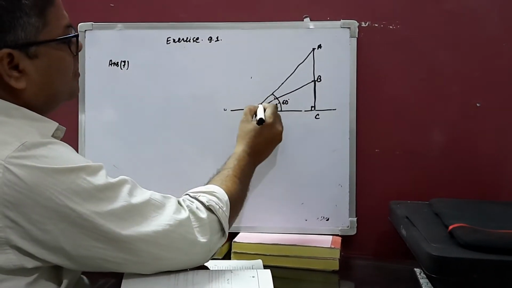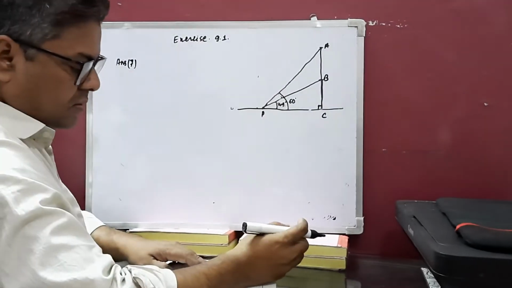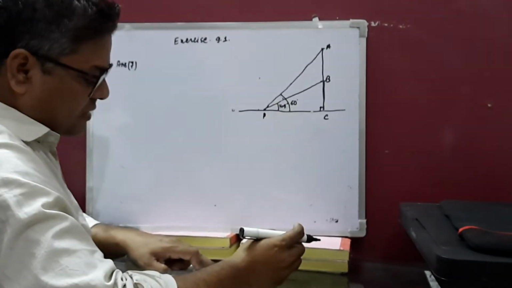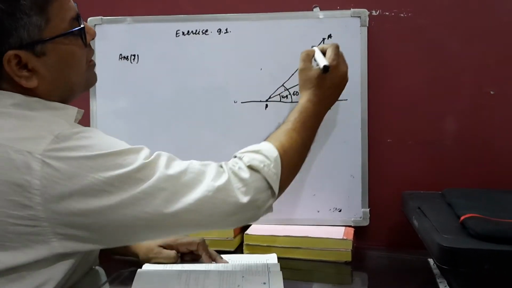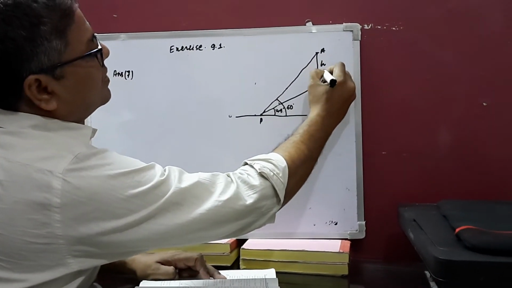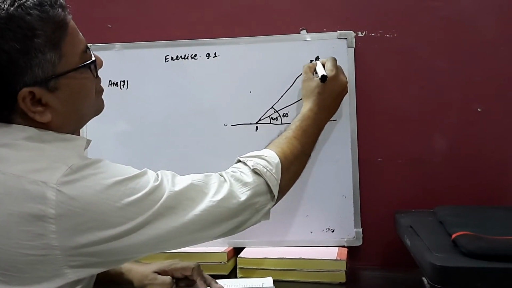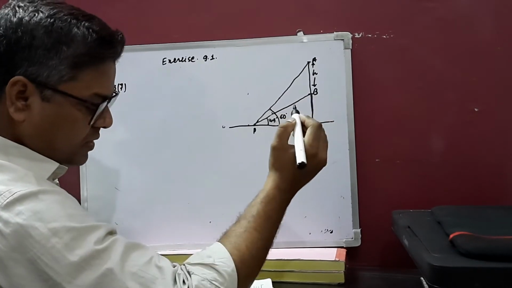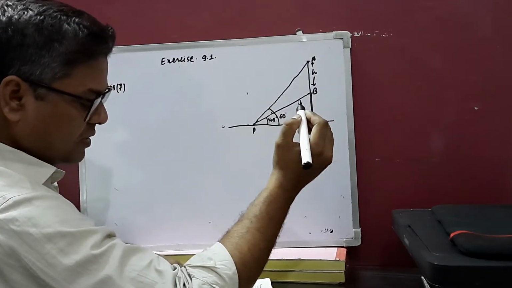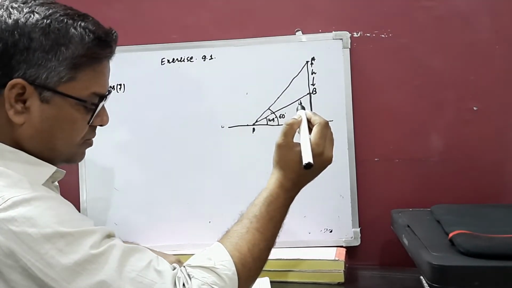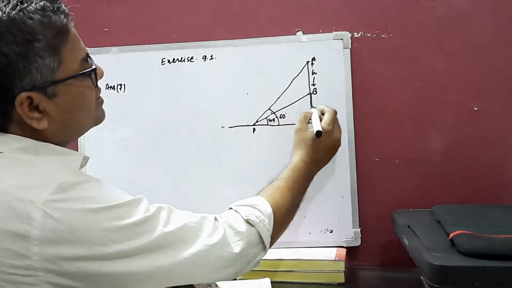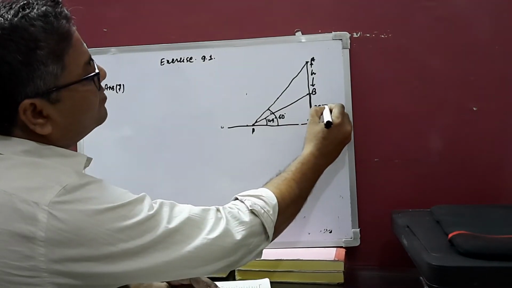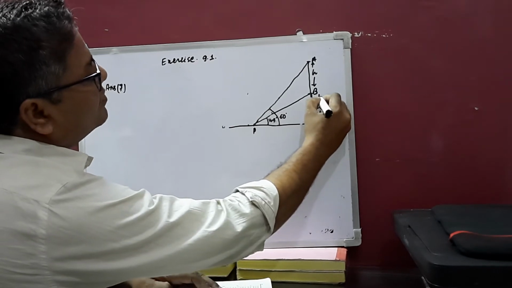We have to find the height of the tower. This is the height of the tower, and what is the height of the building? The height of the building is 20 meter. This is the 20 meter high building up to here.